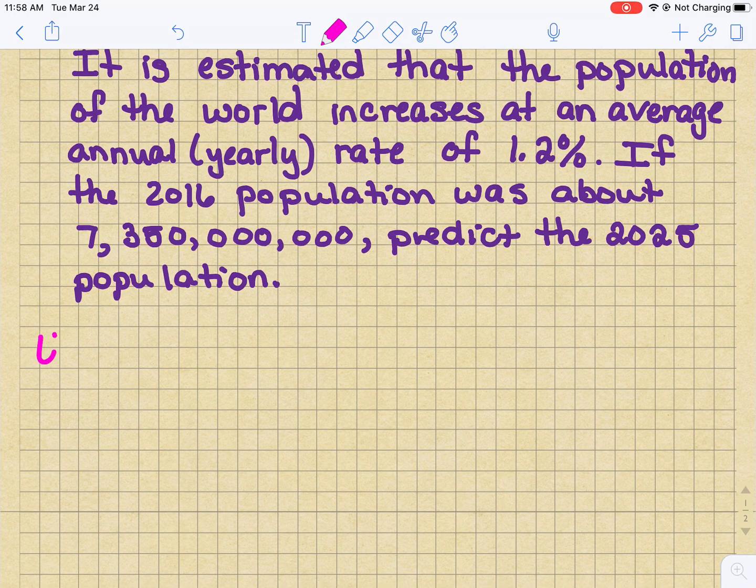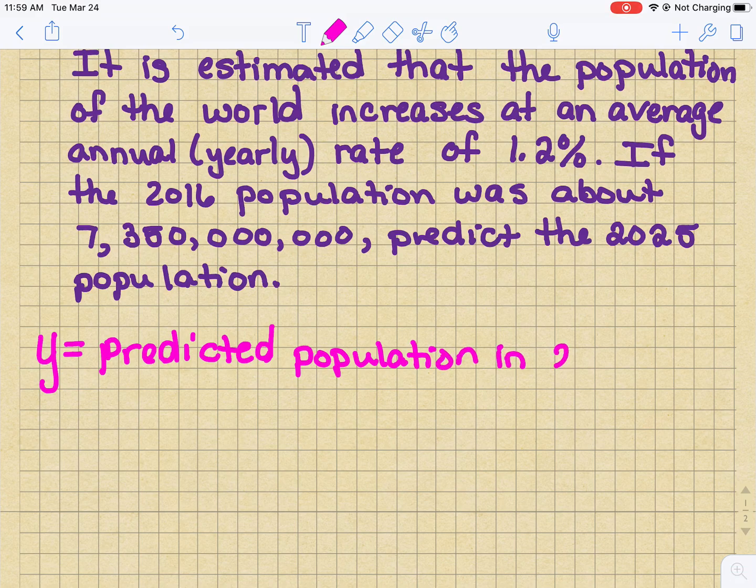Y is going to be, I'm just using the letters from the equation above, our predicted, so this is what we're looking for, population in 2025. Now, we all know it's predicted. No one predicted what's going on right now, so we don't know how that's going to change these numbers.